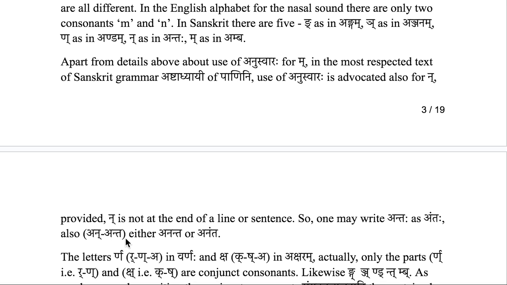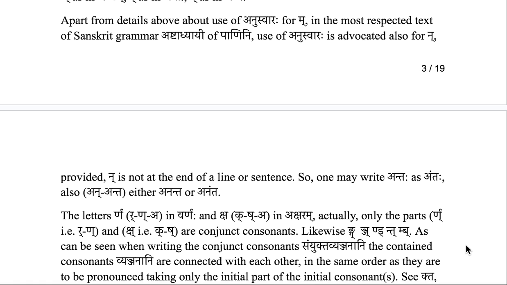Also, Ananta either as Ananta or Ananta. The letters Rna in Varnaha and Ksha in Aksharam. Actually, only the parts Rna and Ksha are conjunct consonants.